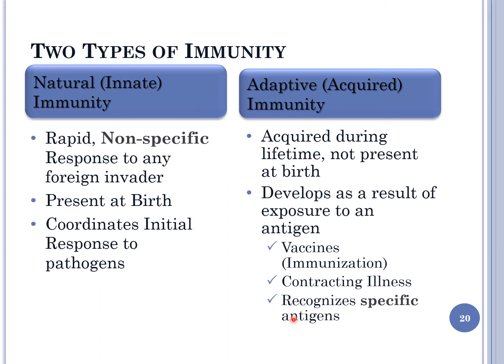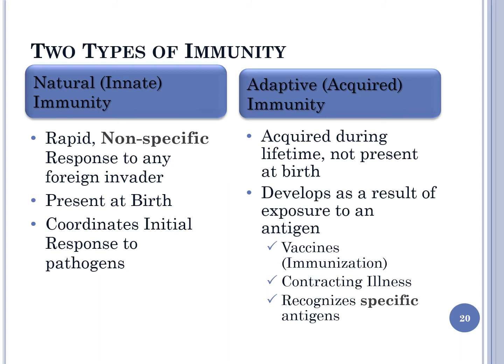So once you've gotten this part, like natural versus adaptive, the bigger piece would be the adaptive side, which is the one that gets broken down further, and that's the one you have to focus on so that you understand what's happening in your body. So other ways that they can describe adaptive is they can say, is it active versus passive? So this is specifically for adaptive.